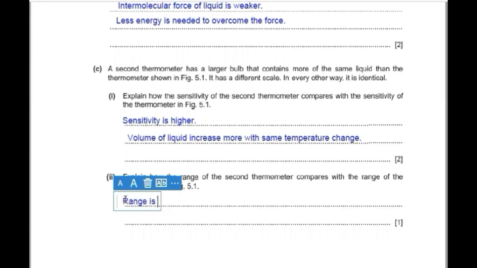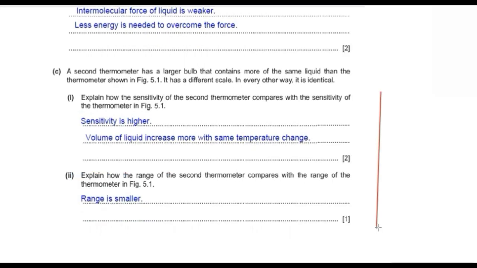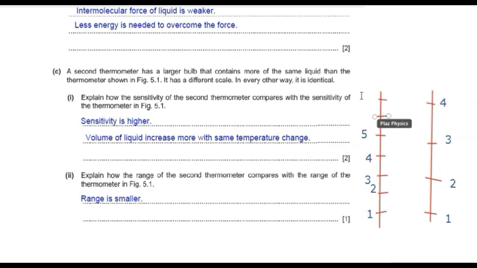Range is smaller. You see, if the thermometer is the same length, the second one like this increases higher. So definitely the range will be smaller. I see 1, 2, 3, 4 only, 6, 7. So range will be smaller. It increases higher for the same temperature change.